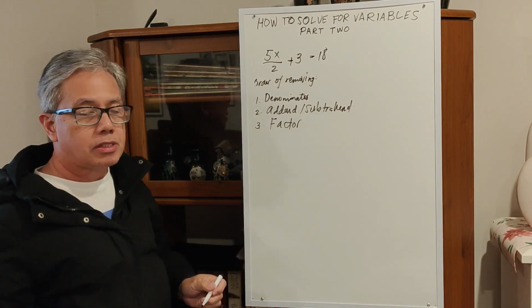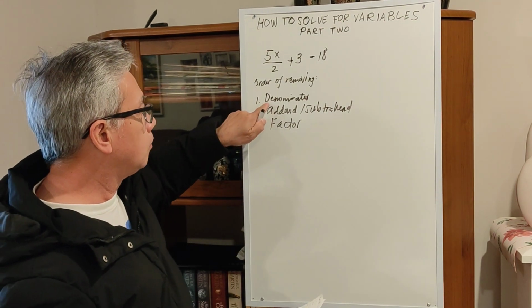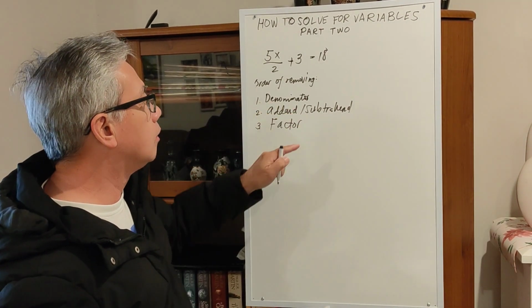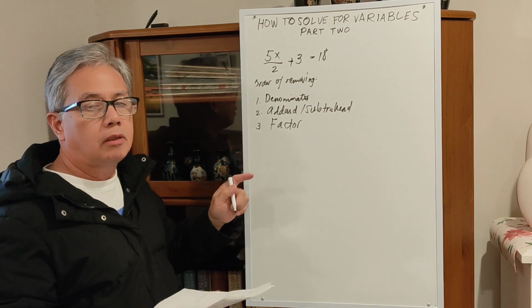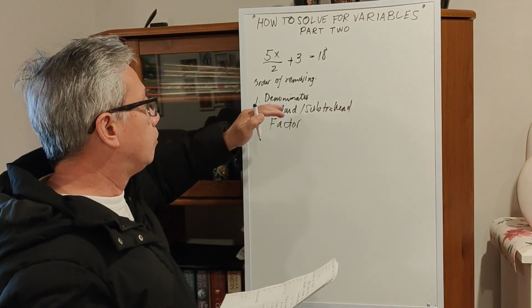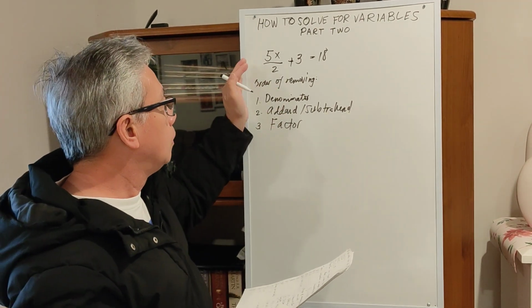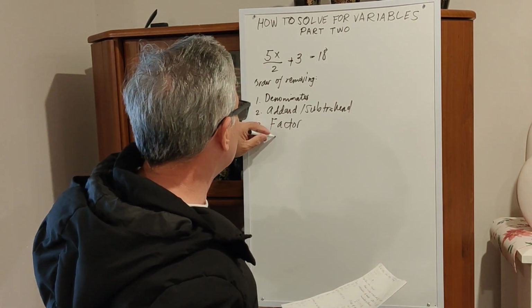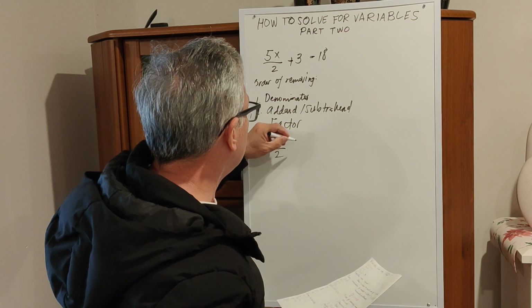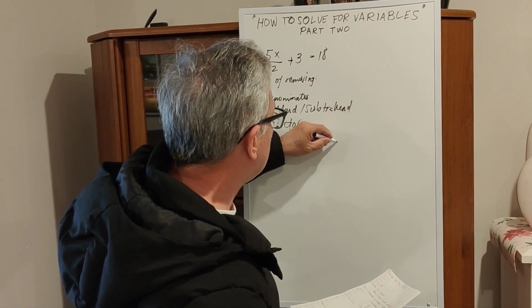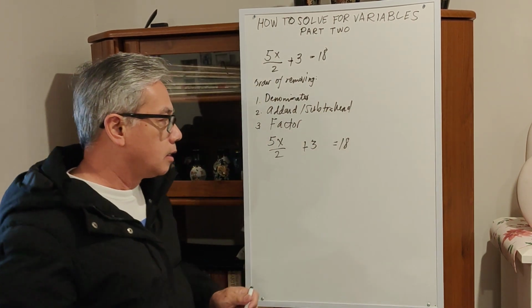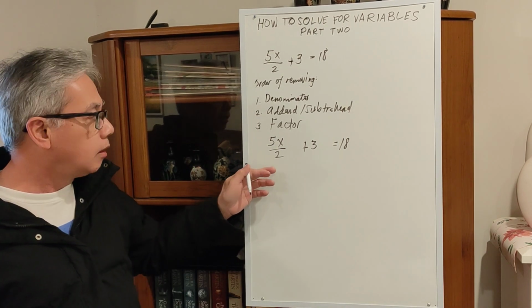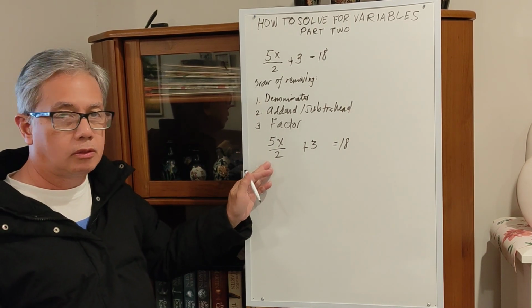So for our equation, we need to remove first the denominator. In order to remove the denominator, we have to multiply a number to all of these terms. So we have 5x over 2 plus 3 is equal to 18. So we have to multiply by 2 to remove the 2 in the denominator.